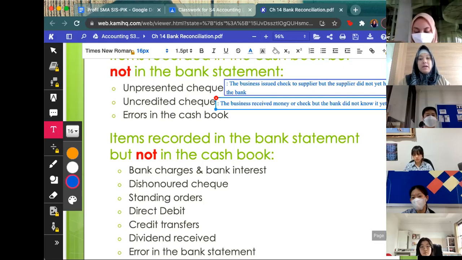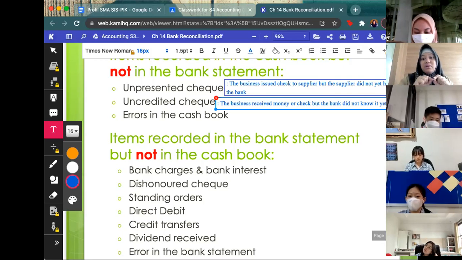Now, Nara sent the money on September 30. It means it will still be in transit, still in process. So the bank, on my side, will know it 2 or 3 days later that Fisya's money will be added in October.